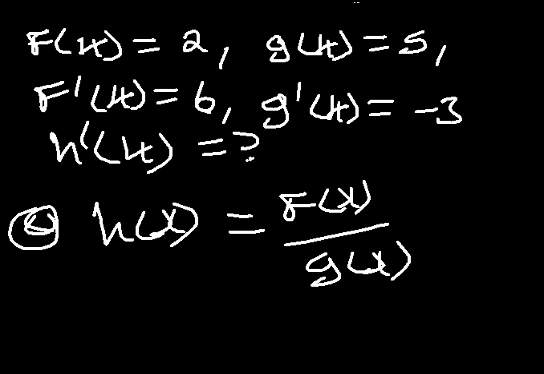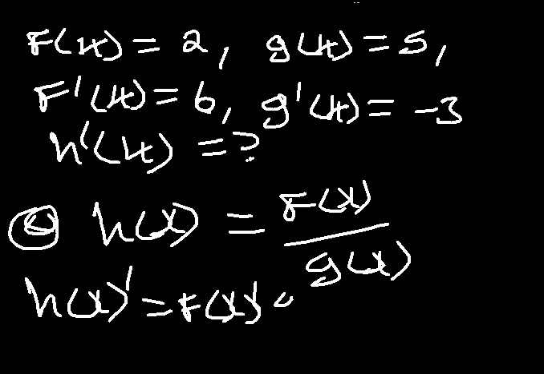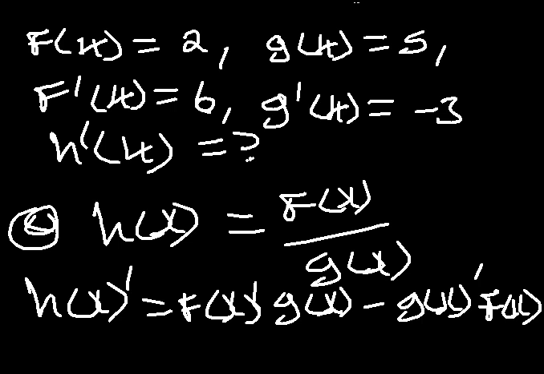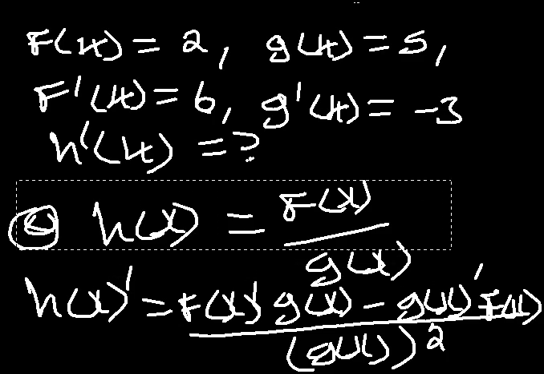In this case, I'm going to use the quotient rule. h of x prime will be u prime times v, that is f of x prime times g of x, minus v prime, that is g of x prime, times f of x, divided by g of x to the power 2. That is the derivative of h of x using the quotient rule.